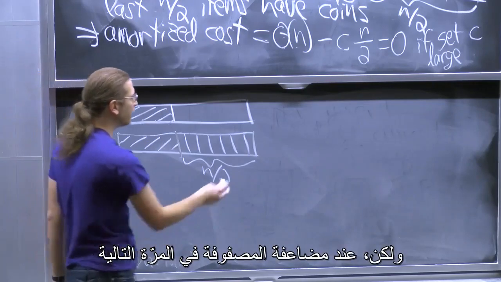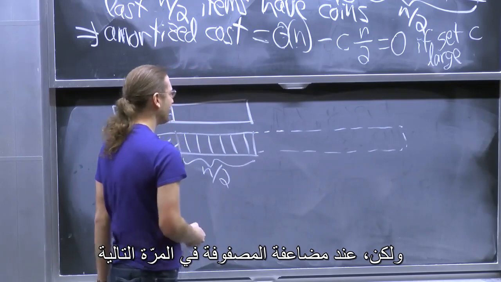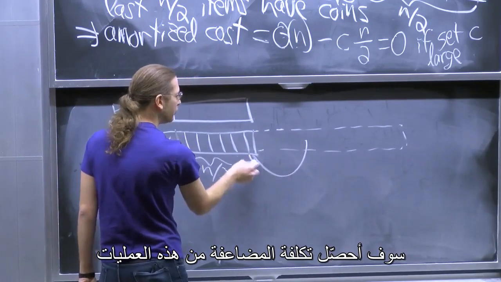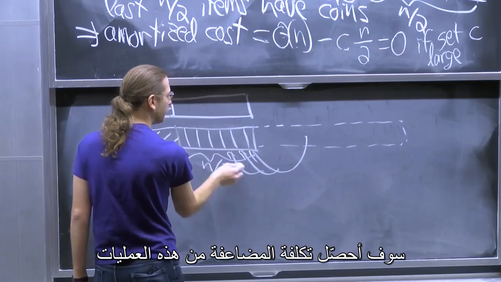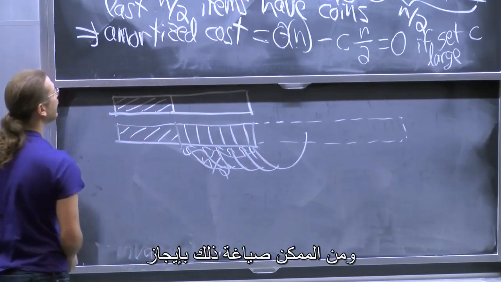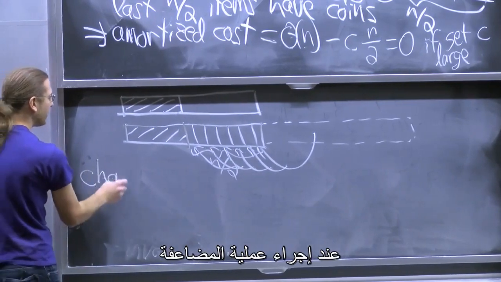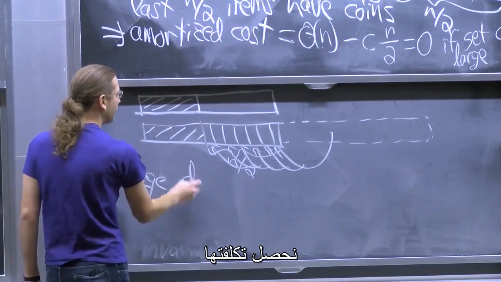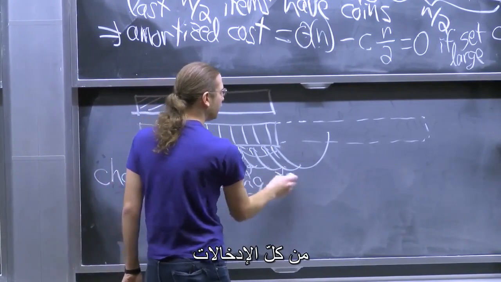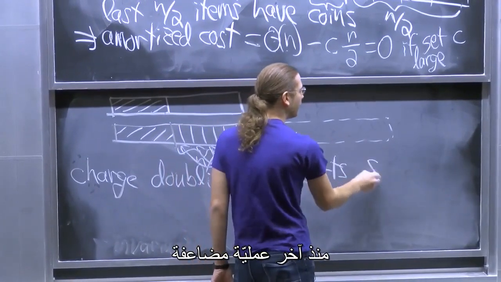But what I'm going to say is that when I double the array next time, I'm going to charge that doubling to those operations. Okay, in general, you can actually say this quite concisely. Whenever I do a doubling operation, I'm going to charge it to all the insertions since the last doubling.